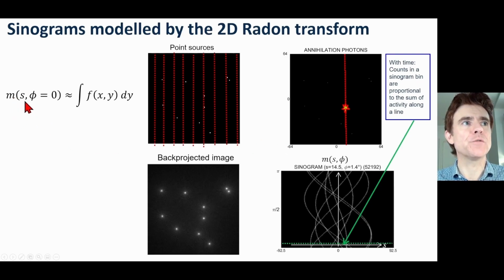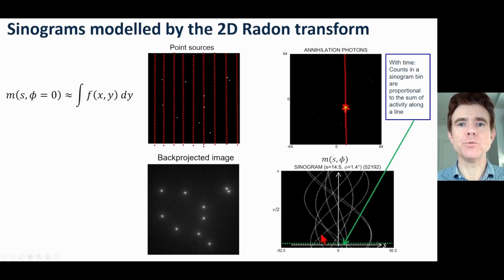The number of counts as a function of s is just given by this f of xy, where all we're doing is integrating along the y direction. We're taking line integrals vertically all the way. So that will model one row of the sinogram, a 1D parallel projection. It's called 1D because this is a 1D function here. We've got m as a function of distance s for a fixed angle phi.